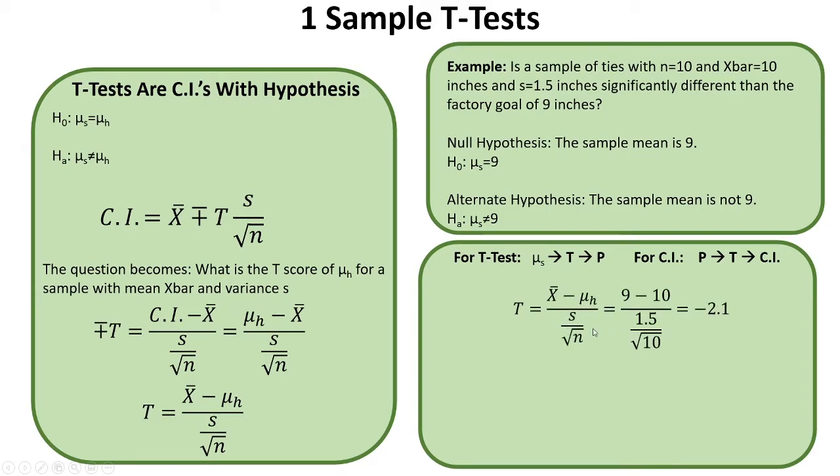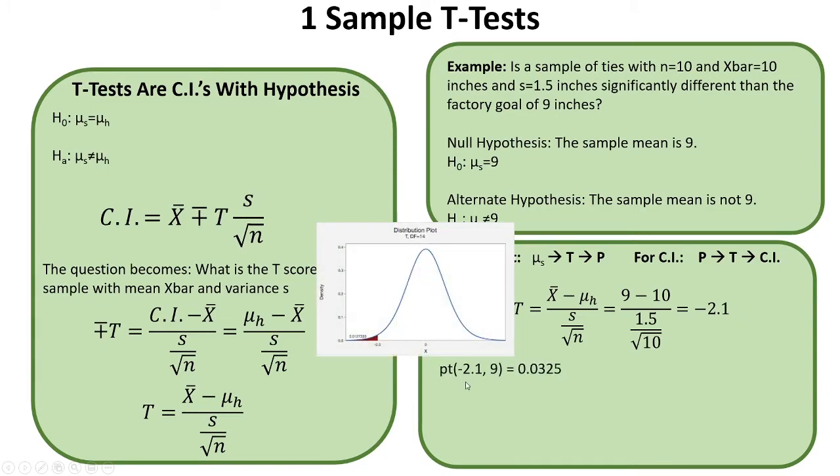So in this case, our t-statistic for the t-test comes out to be 9 minus 10 with our standard deviation plugged in here and our number of samples plugged in here, so it's negative 2.1, right? And then we bring it over to our R function that gives us the probability in the tails of the t-distribution for this particular t-statistic.